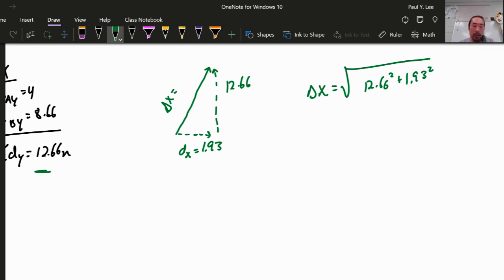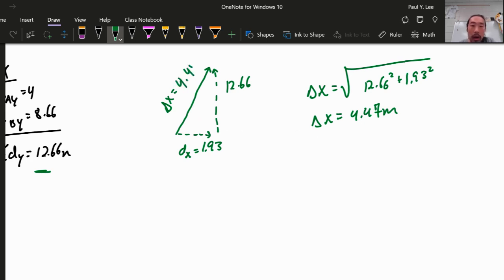So if I plug that into my calculator, once again, pause the video right here and see if you get the same results that I do. And I would save the rounding until the end. So if you round it like I did, you would get 4.47 meters as the magnitude of your displacement vector. So let's write that in.